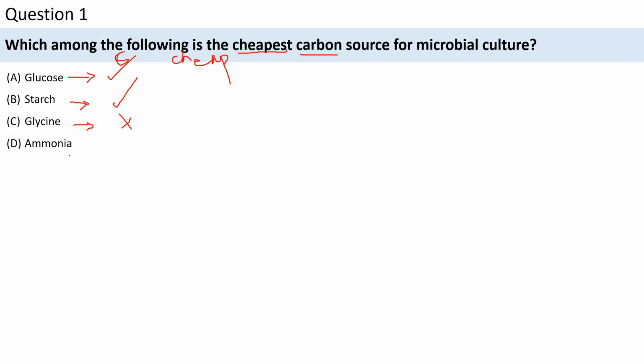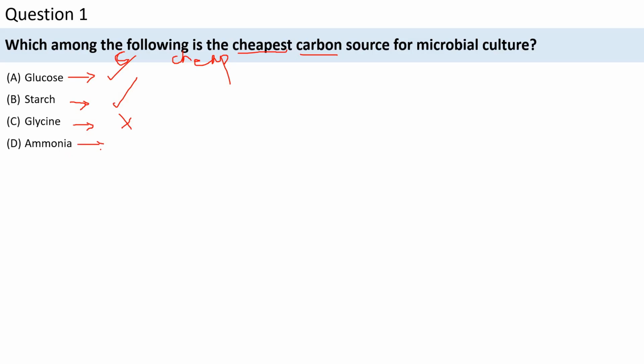In that way glycine can be given as an external supplement in the media, but usually these are present in yeast extract and tryptone, which are undefined media. We don't know what the components in tryptone and other such media are, but yeast extract and the like contain a certain amount of amino acids, and glycine is also present in all of those.